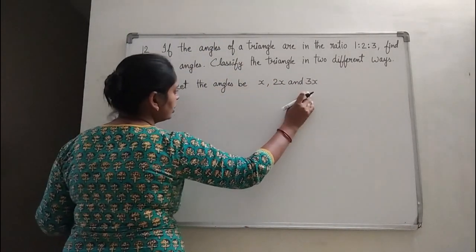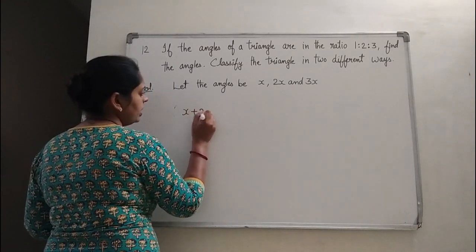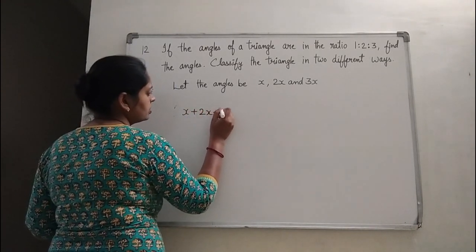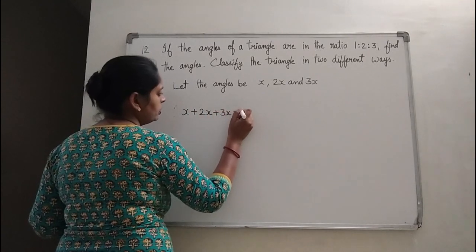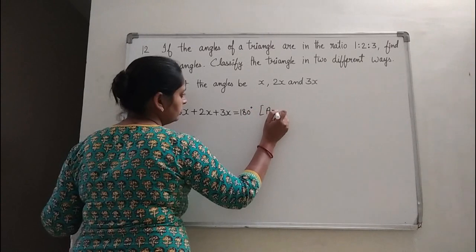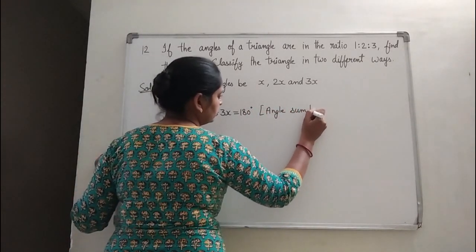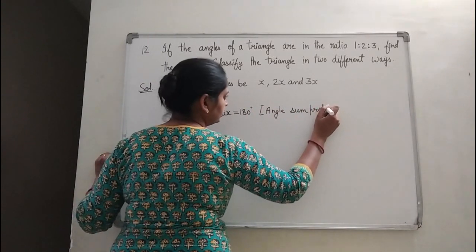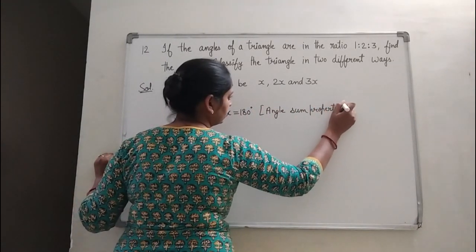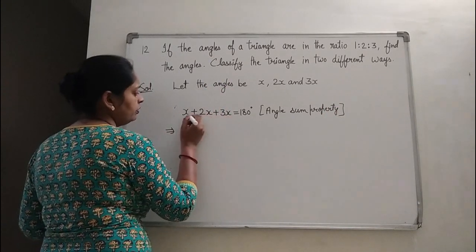If these are the angles of a triangle, then according to angle sum property of triangle, x plus 2x plus 3x should be equal to 180 degree, which implies 1 plus 2 is 3, 3 plus 3 is 6.